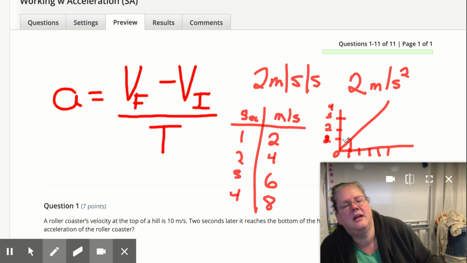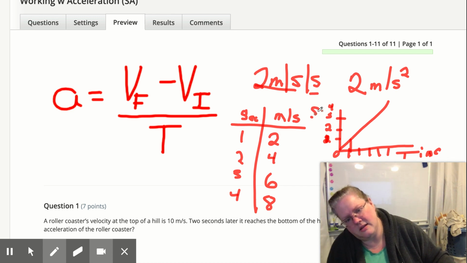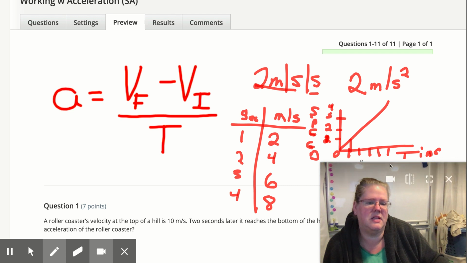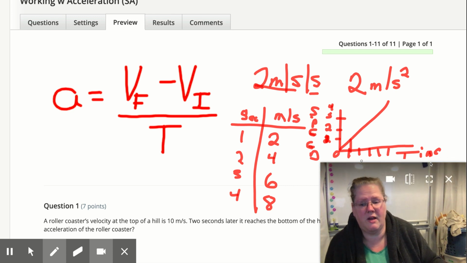In this case, the bottom unit is time, because remember I told you that graphs are really division bars, and we're comparing speed to time. So speed is my y-axis and time is my x-axis. This gives me an acceleration graph.